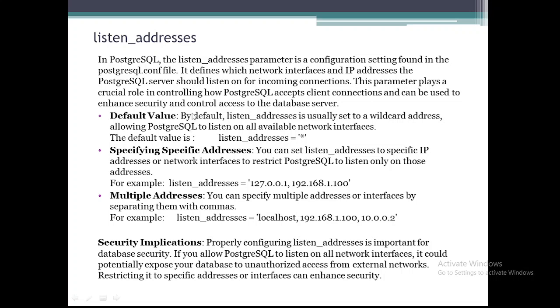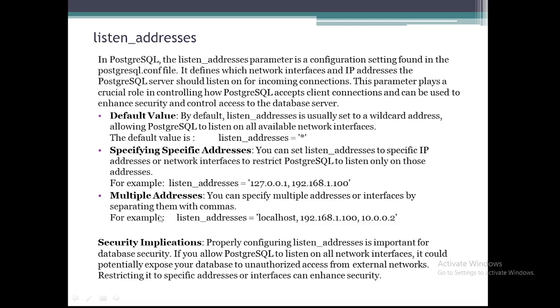The default value of this is the wildcard address, which is asterisk. But you can specify specific addresses as well, like localhost or the address of your application server. You can define these IP addresses here.